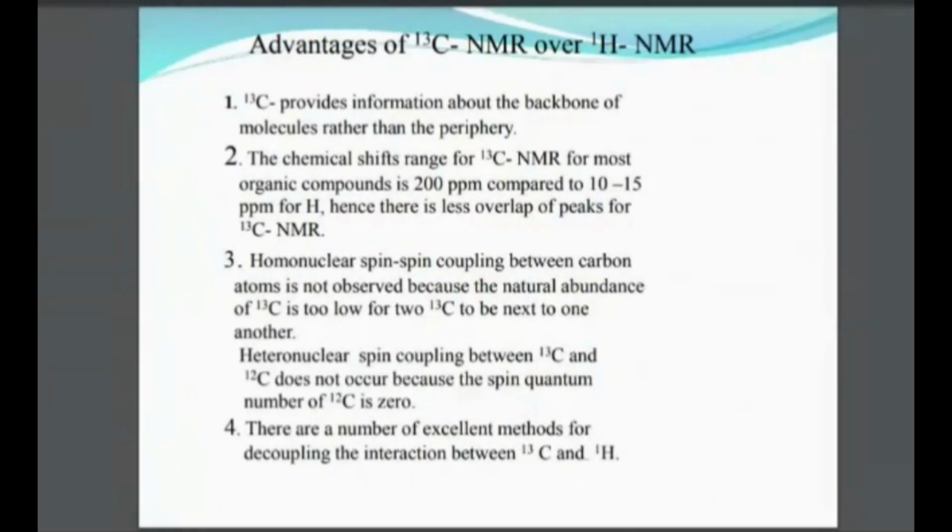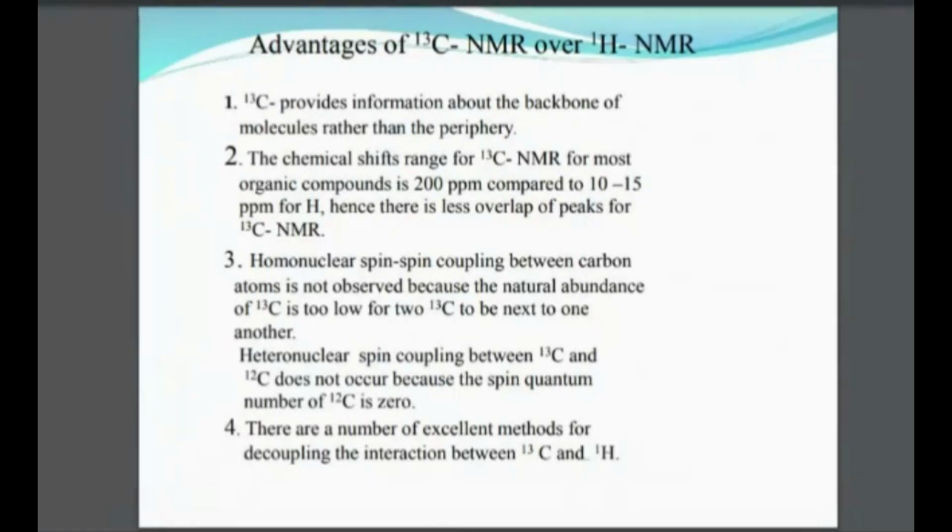Now, although C13 is not adjacent to C13, C13 is definitely 100% adjacent to H1 nuclei. That H1 nucleus is itself a magnet in motion, which is precessing. So that precessing H1 nucleus may influence the spin of precessing C13 nuclei. I hope you can imagine in your head.